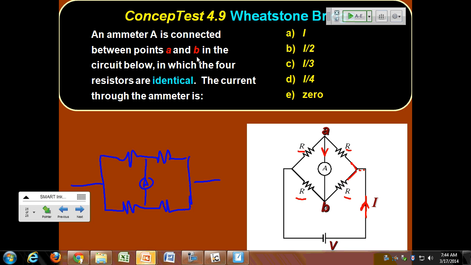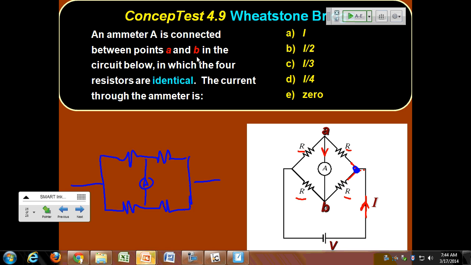Those two are the same circuits. You're just drawing them differently. Engineering type people draw it like that. Anyway, those are the same circuits.